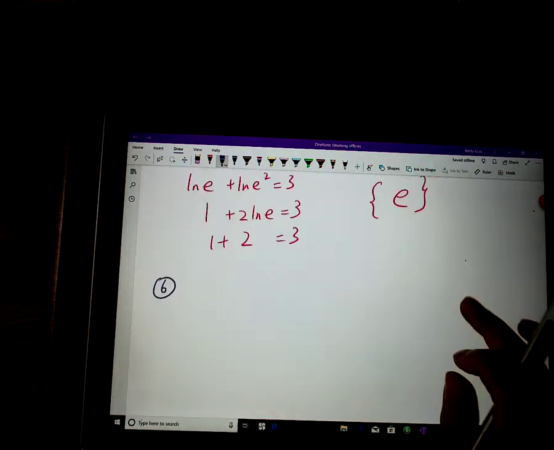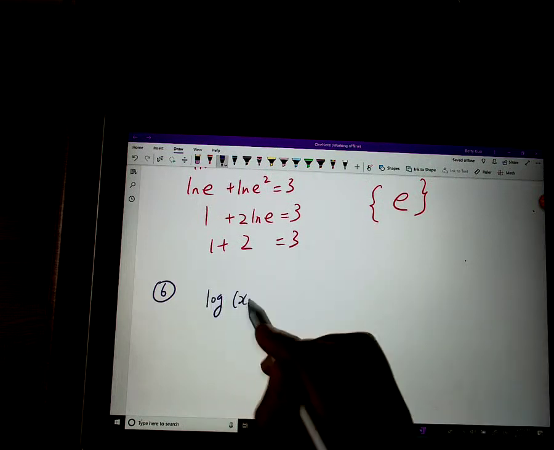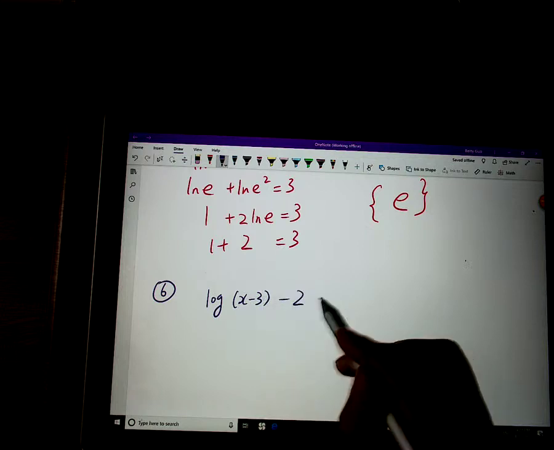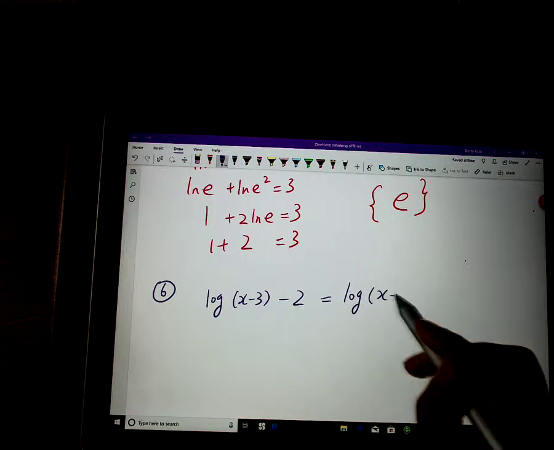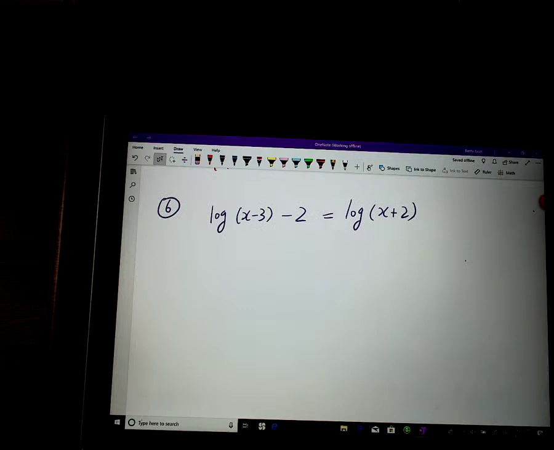Number 6, log of x minus 3 is a common logarithm because you don't see the base. Base is 10. Log of x plus 2. We are going to solve this equation for x.